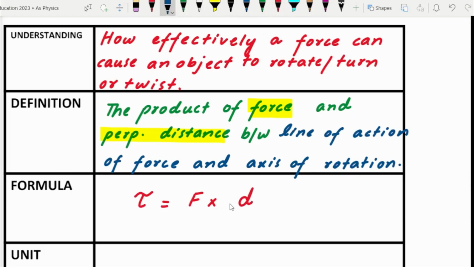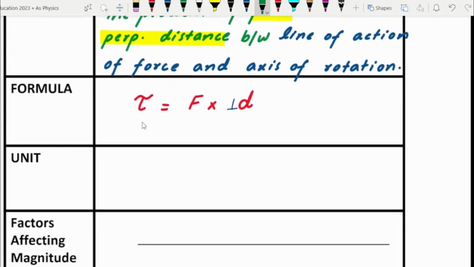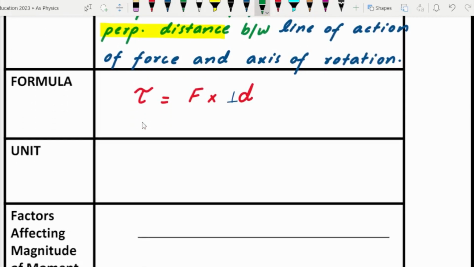Just so that you keep it in mind that it is a perpendicular distance, I'm going to insert the symbol of perpendicular. This way you will remember that this distance is the perpendicular distance. Generally the examiner would try to confuse you with the distances, so in the examples I'll show you how we figure out the perpendicular distance.